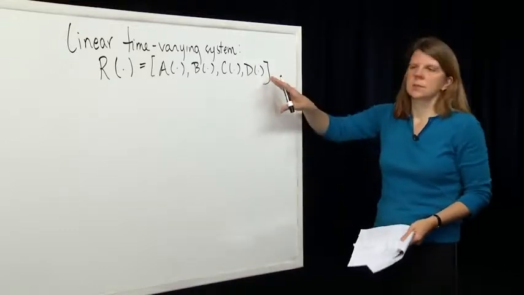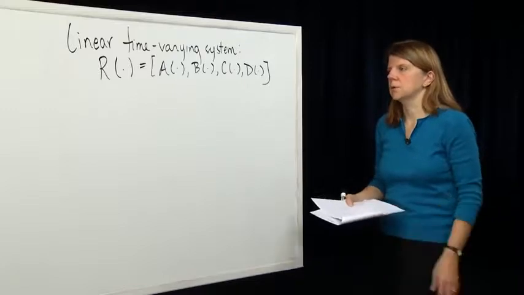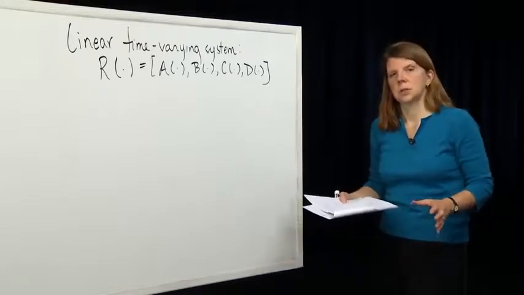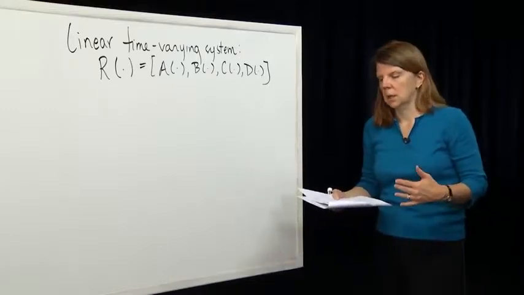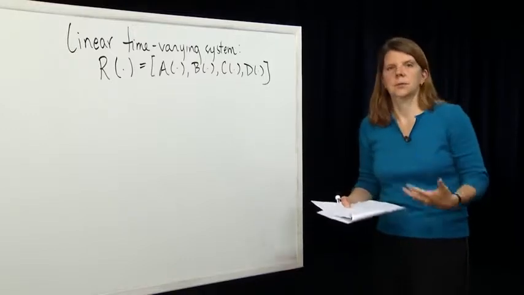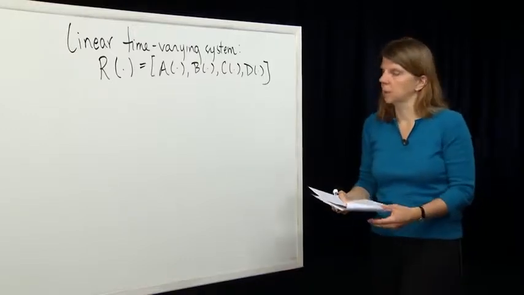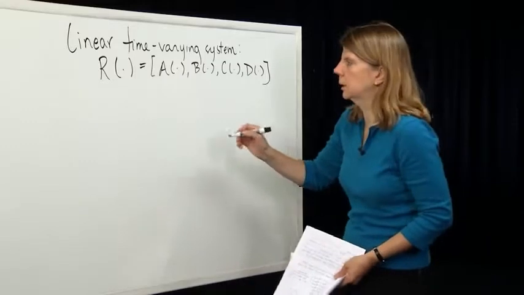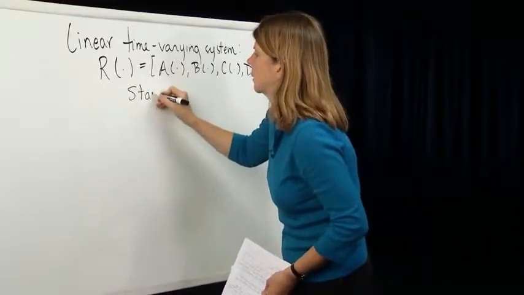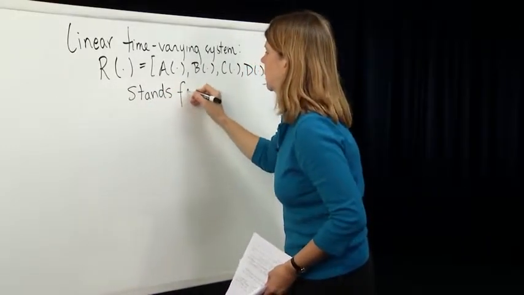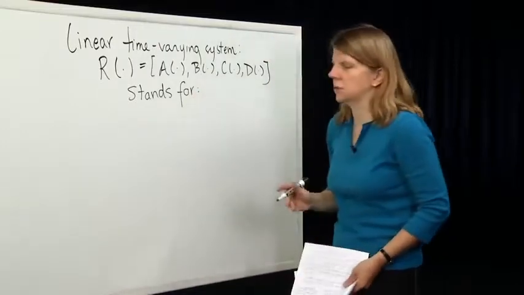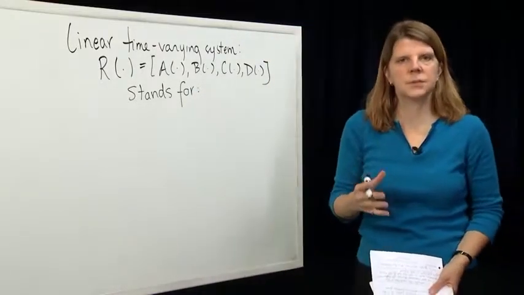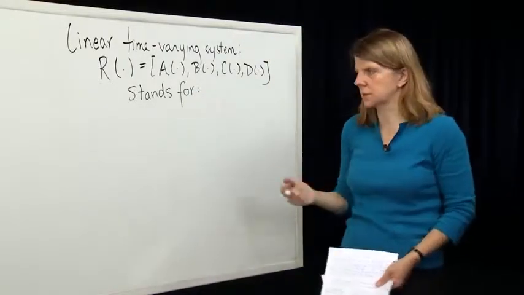Okay, so what does this notation mean? Well, it refers to a differential equation and an output equation by which we can then further define the dynamical system. Okay, so this stands for the following representation, and this is typically what people would call the state space representation of a system.